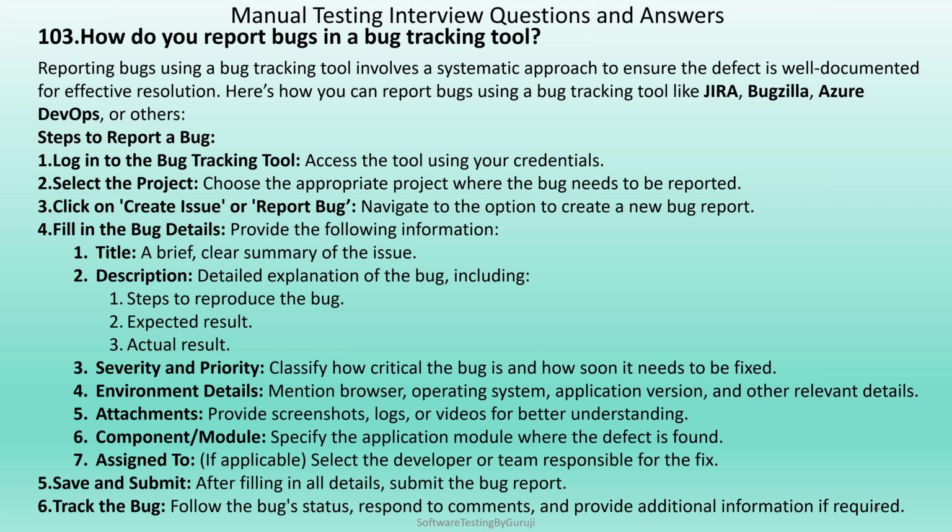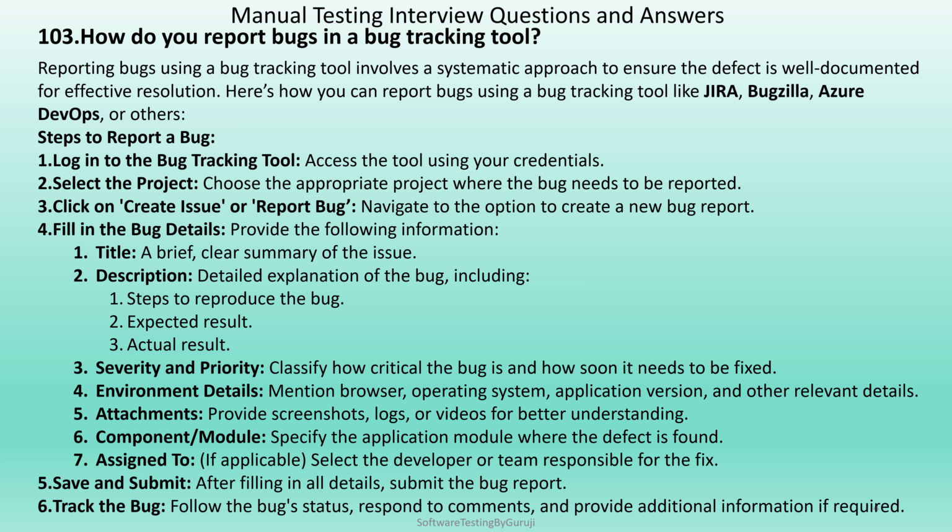Third, severity and priority. Clarify how critical the bug is and how soon it needs to be fixed. Fourth, environment details. Mention browser, operating system, application version, and other relevant details. Fifth, attachment. Provide screenshots, logs, or video for better understanding. Sixth, component or module. Specify the application module where the defect is found.